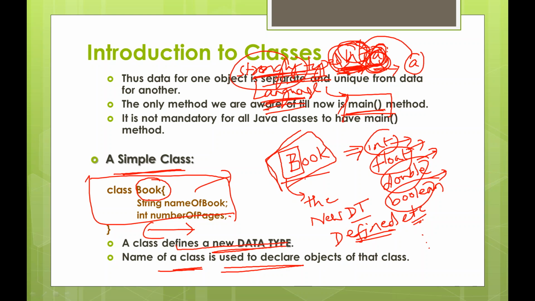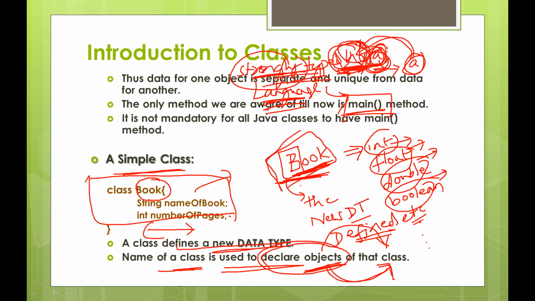So what we are doing here is defining a data type. The data type name is Book. Why do we use this Book? To declare objects of that particular class. Similar to a variable of a type, we declare an object of a particular class. We define a new data type with a class to declare or define objects of that particular class.